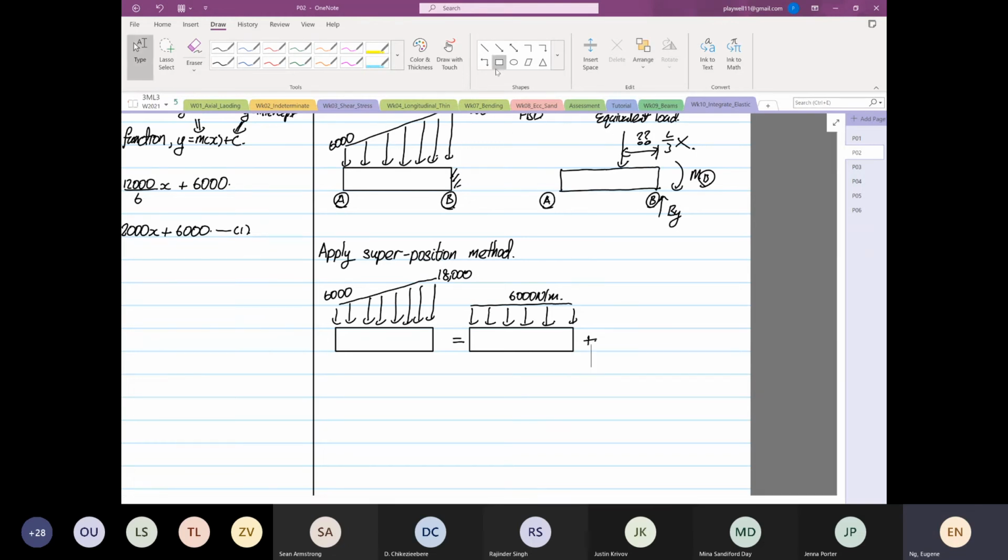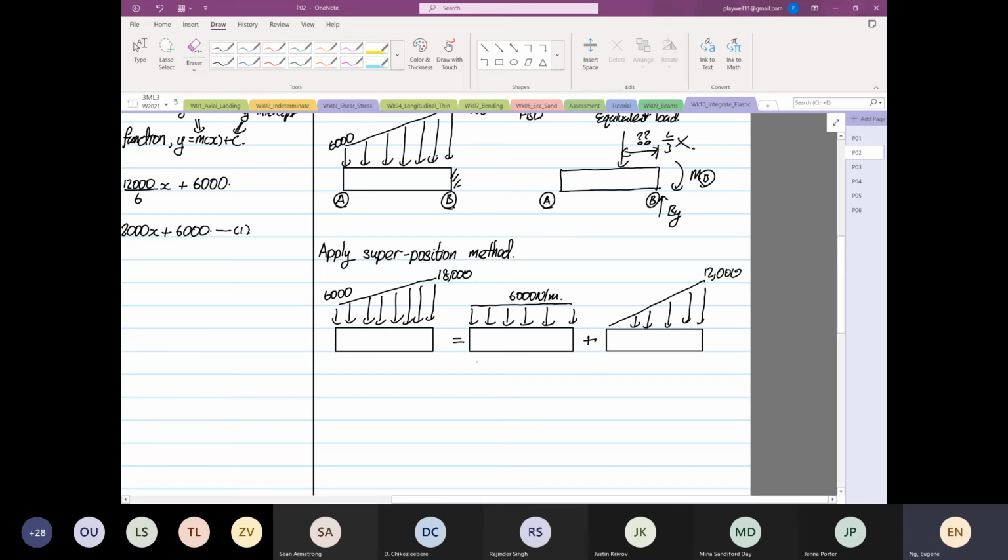And then the next one, as you guys have guessed, will be equal to a gradient load. This gradient load will start from 12,000, because 6,000 plus 12,000 is 18,000.